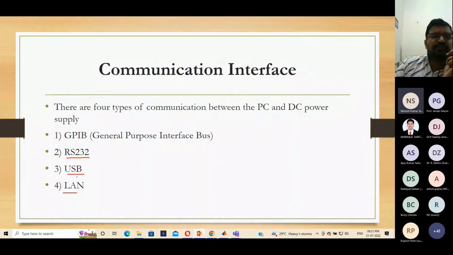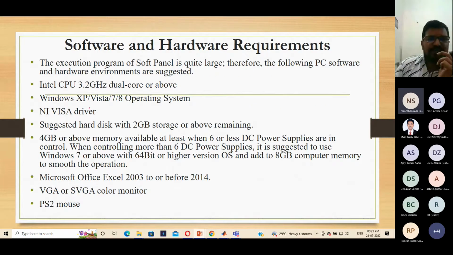We have taken only the USB format, but you can connect any of these four. These are the basic software and hardware requirements to install the programmable DC power supply. If anyone is interested in going for a programmable DC power supply, these are the basic requirements for the installation of that system.